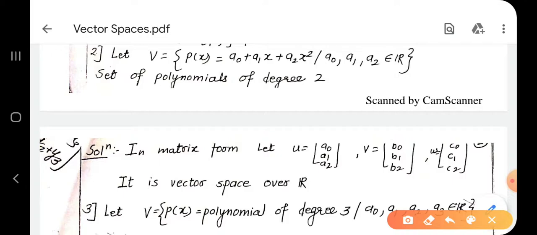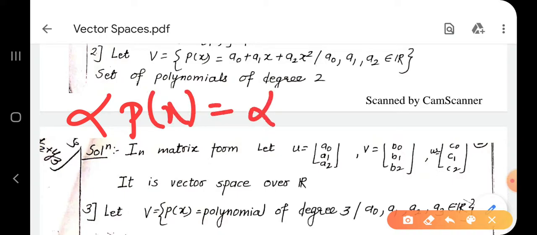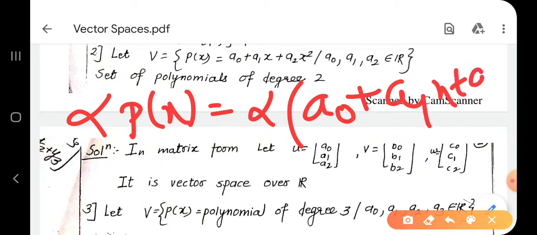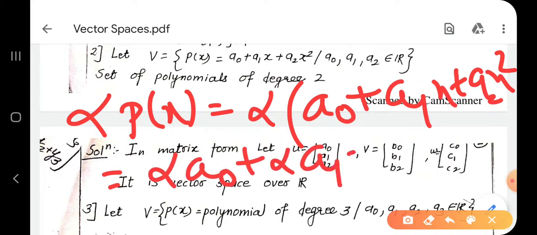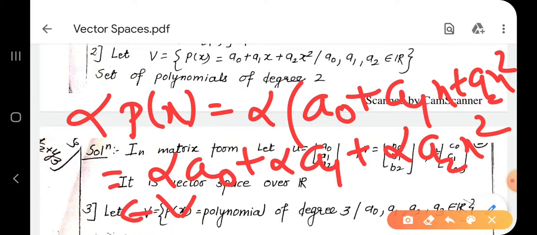Alpha into p of x is equal to alpha into a0 plus a1x plus a2x square, which is equal to alpha a0 plus alpha a1 x plus alpha a2 x square, and it belongs to V because alpha a0, alpha a1 and alpha a2 all belong to R. Those are real numbers, no problem. So the 6th condition is also satisfied.